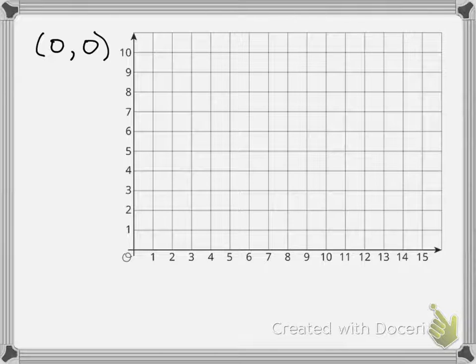So on this coordinate plane, we are only looking at the positive sections. And I'm going to label my x-axis. That's my side to side. And my y-axis is this line that goes up and down. So the spot where these two lines cross, if I follow my lines, x goes side to side, and y is up and down, it crosses right here.